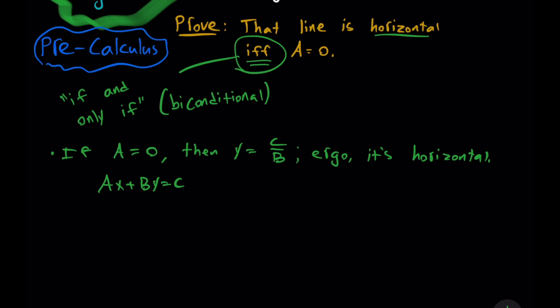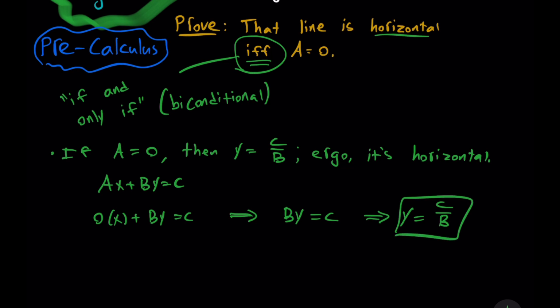If a is equal to 0, then we have 0 times x plus by is equal to c. So by is equal to c, solve for y is equal to c over b, and we get something that is horizontal. If y is equal to some number, like 4 or 5, we have a horizontal line. And so on the Cartesian coordinate plane, with the x-axis, the y-axis, we get something like this, where y is equal to c over b.